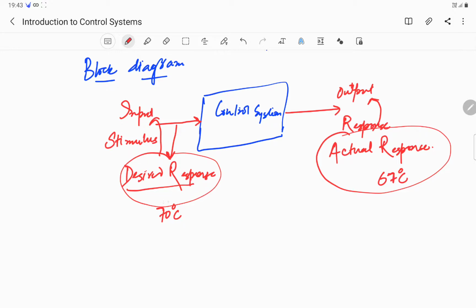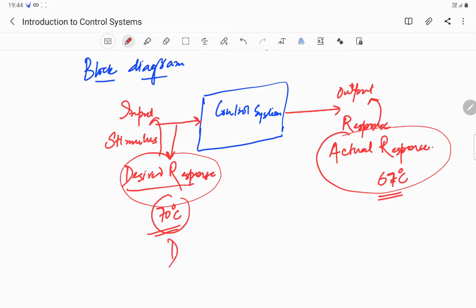So the desired is 70 degrees centigrade, but the actual that the control system is delivering is 67 degrees. The desired is the response that we intend to have, but in actual we are not having the exact value. The actual value of the response can be 67 degrees.